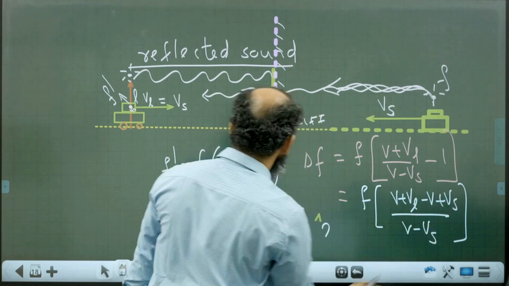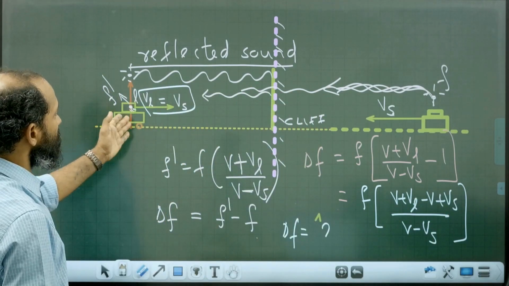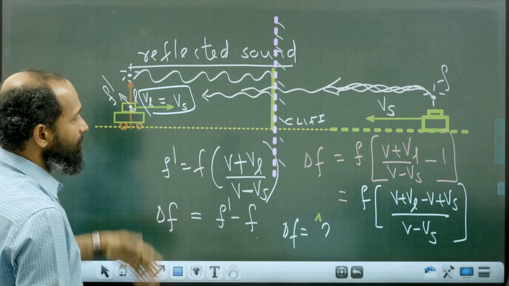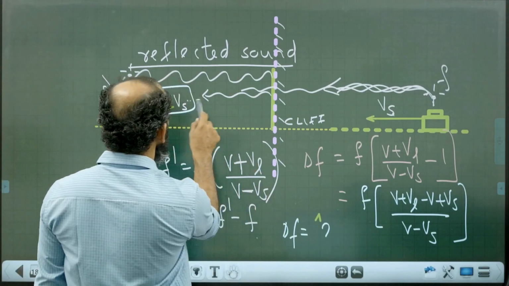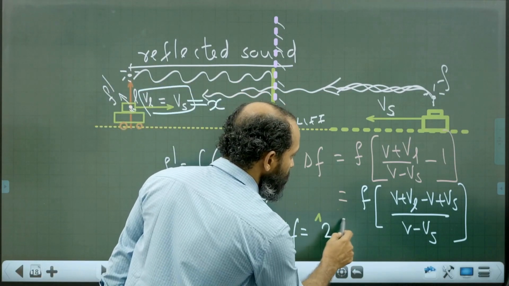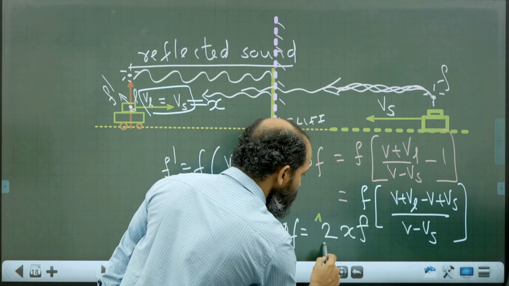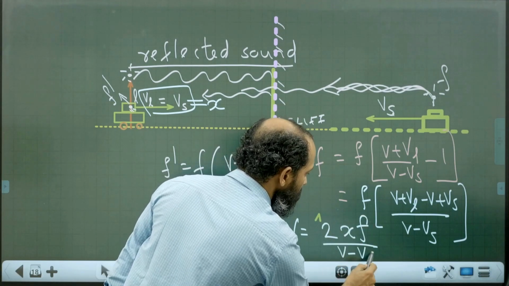VL and Vs are equal, because the car and the listener, which is the driver, all have the same velocity. So VL and Vs we can write as Vx. So delta F is 2 Vx F divided by (V minus Vs).